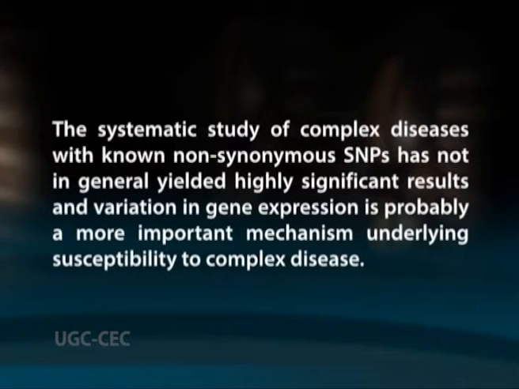Polymorphisms that alter protein function can have very important effects. For example, CARD15/NOD2 mutations in inflammatory bowel disease and FLG mutations in eczema, atopic dermatitis. The systematic study of complex diseases with non-synonymous SNPs has not in general yielded highly significant results, and variation in gene expression is probably a more important mechanism underlying susceptibility to complex disease.